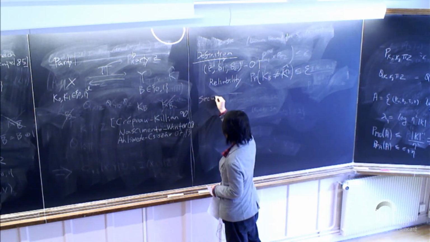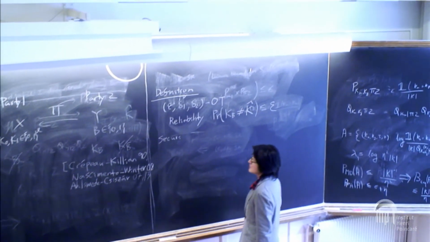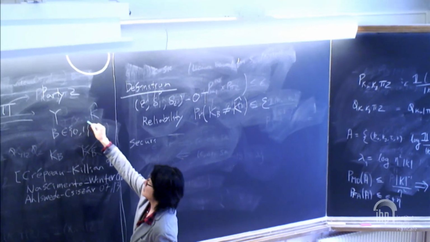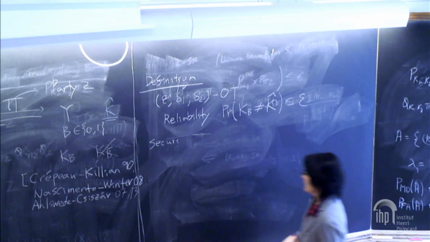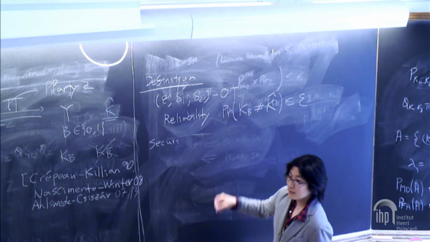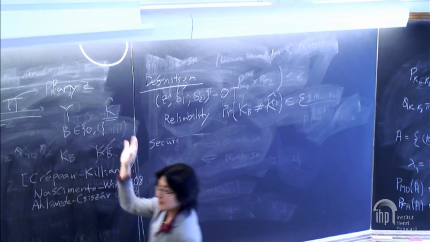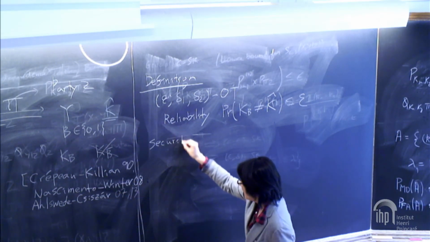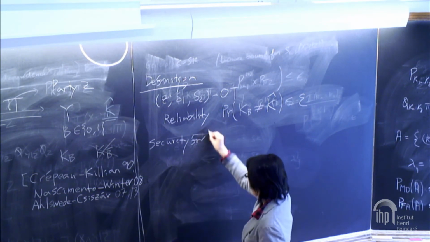K hat is the estimate of the second party on K_B, given Y and B. Then, security for the first party.